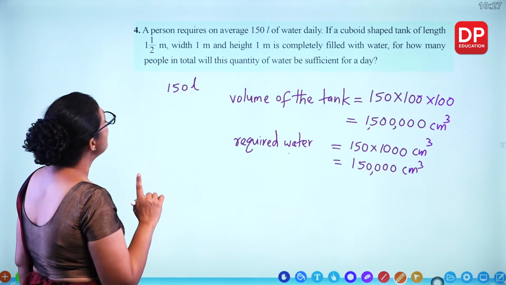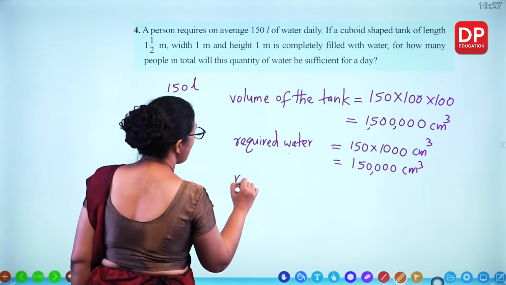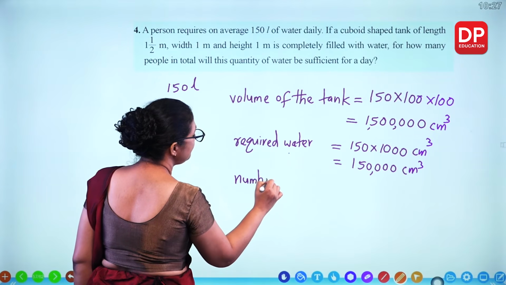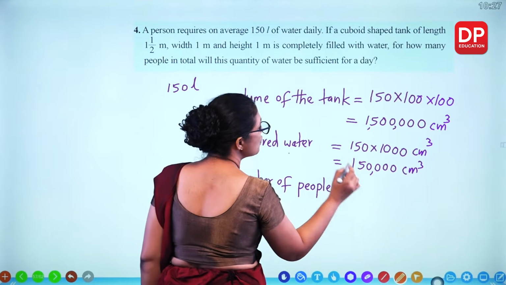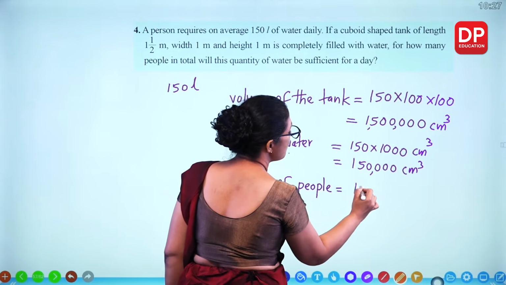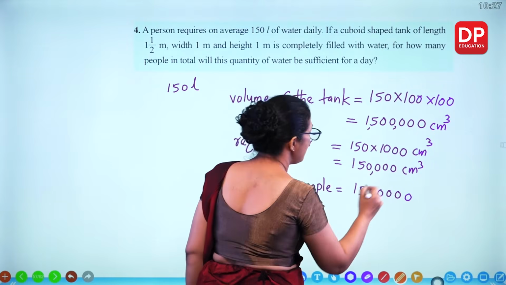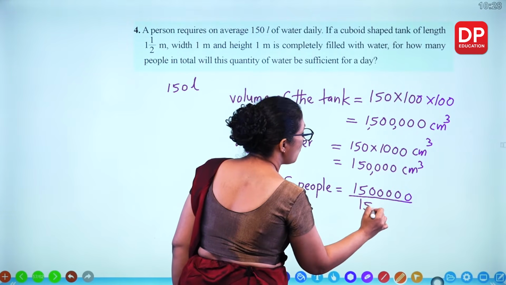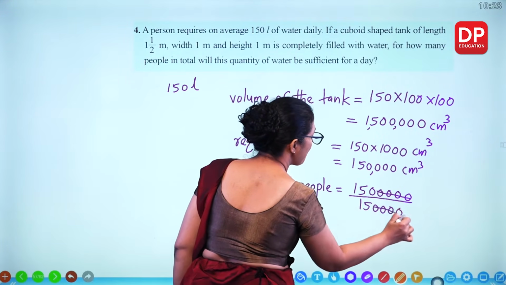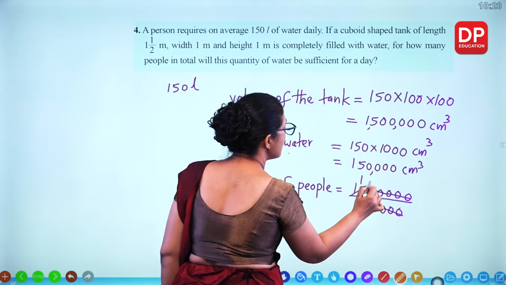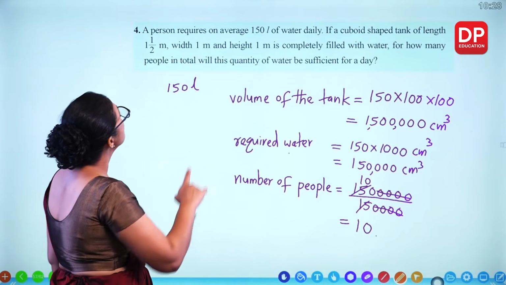So how many people in total will this quantity of water be sufficient? Number of people, you have to divide this by this. Divide 1,500,000 by 150,000. That means 10. So 10 people can use this water.